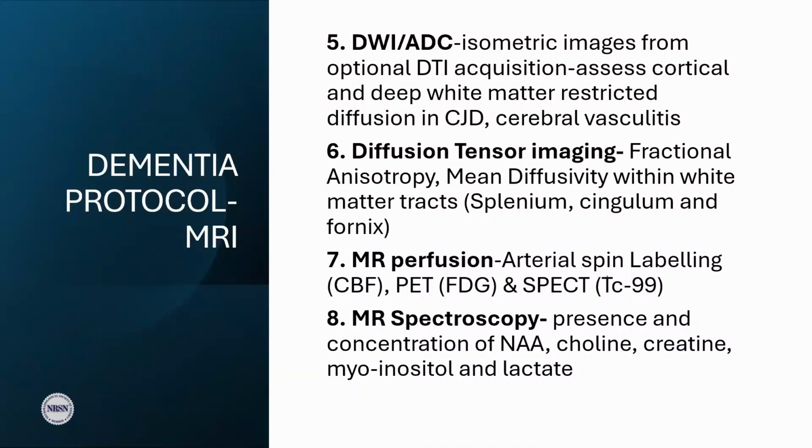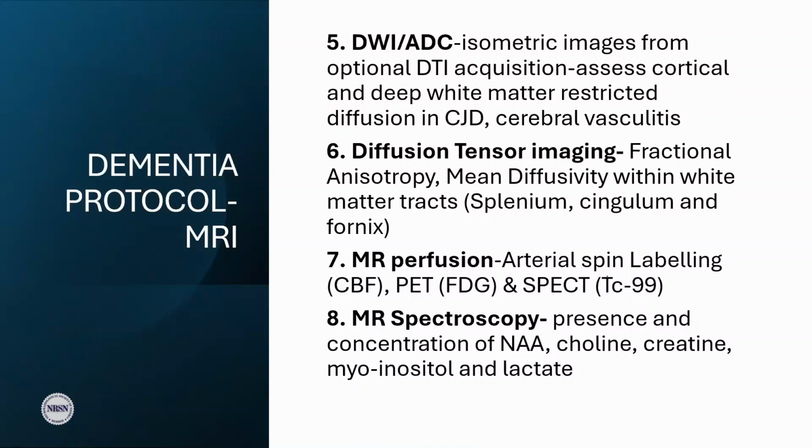Now, diffusion tensor imaging deals with the movement of water molecules along axons. So, fractional anisotropy just tells us about the movement of water molecules from the presynaptic areas to the postsynaptic areas, while mean diffusivity just tells us how these water molecules are able to move across synapses.